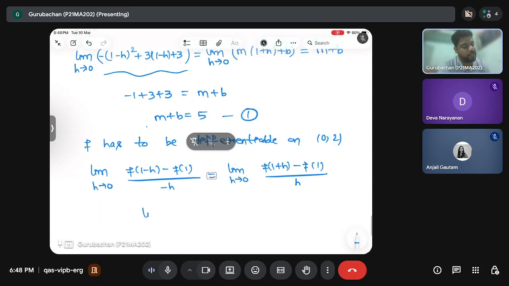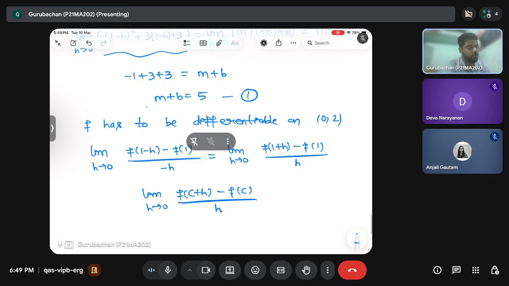So if you will recall that the differentiability says that limit x tends to c, f of x plus c minus f of c divided by h, at any c. So this will be limit h tends to 0, f of c plus h minus f of c divided by h.